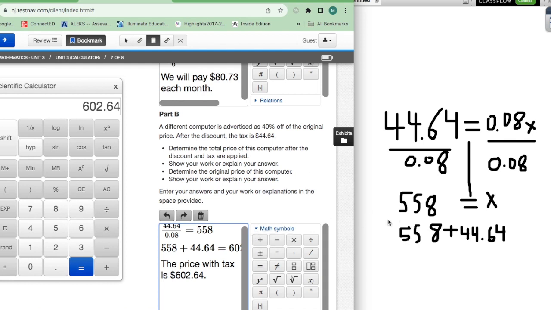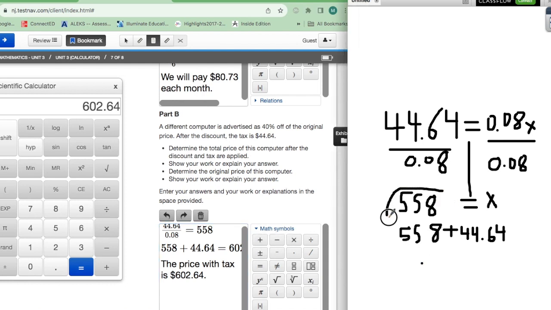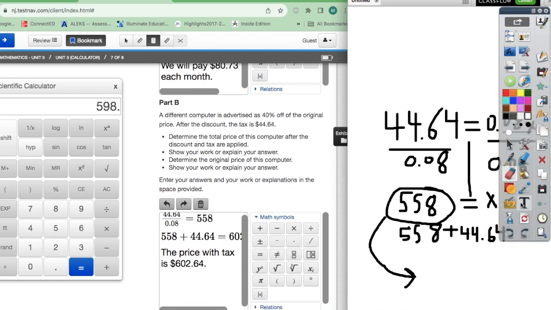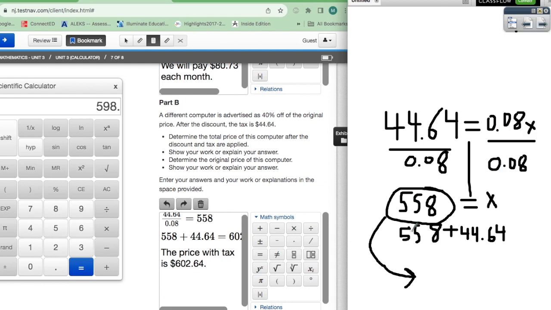All right, so again, this is a little tricky. For the original price, we want to go to the price without tax. Okay, and it was 40% off. So once we know that 558 is 40% off, I also know that instead of 40% off, it's 60% of the original price.